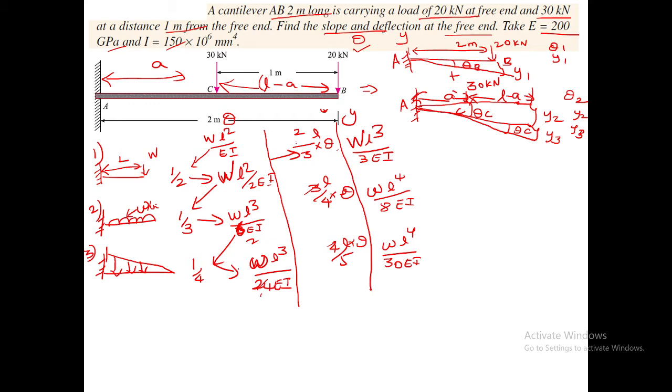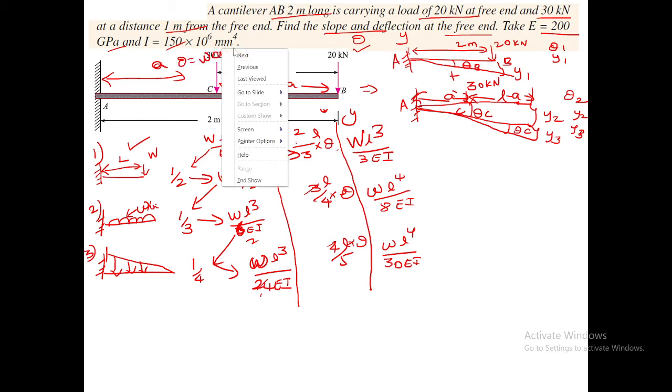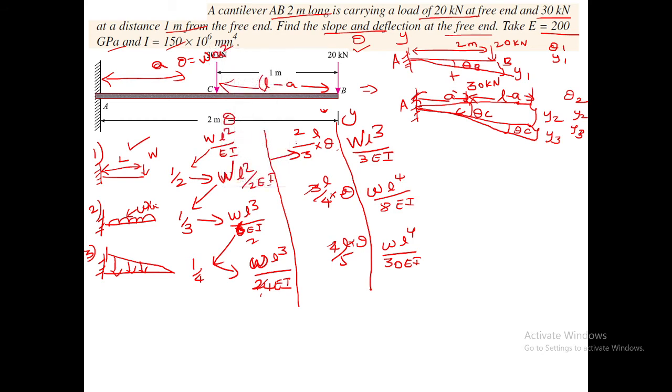So next, a cantilever beam with the middle load, up to length distance A, at the point A. The slope is WA square divided by 2EI.